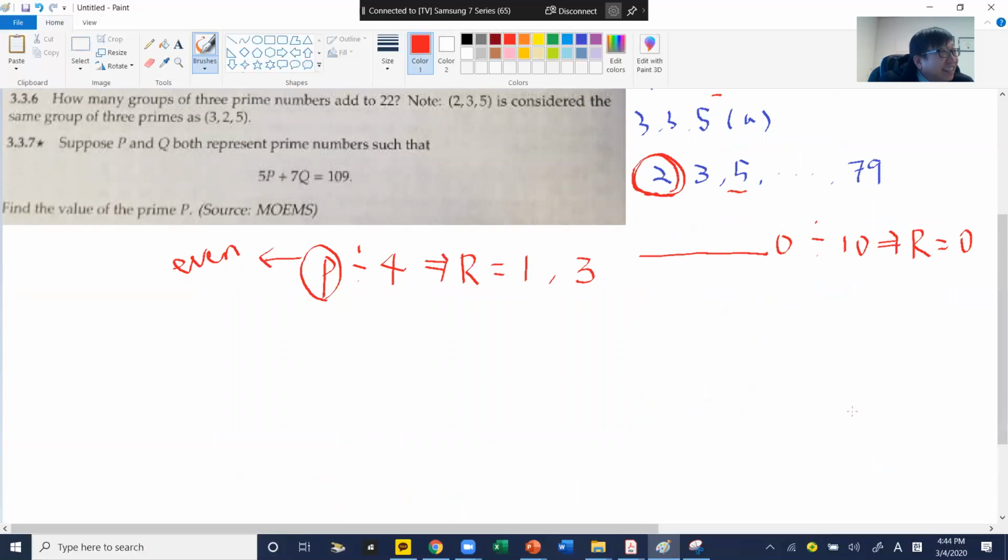So you just consider 1 or 3. How can it be 9? Only 1 or 3, I said. Or it can be 0, but it's impossible because there is no more 2. Only one 2.